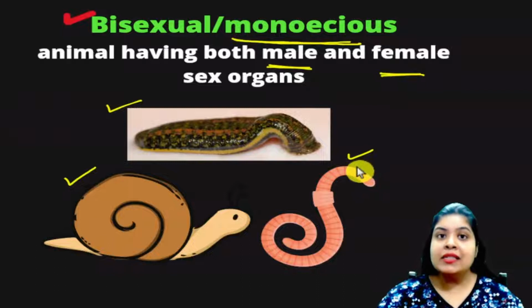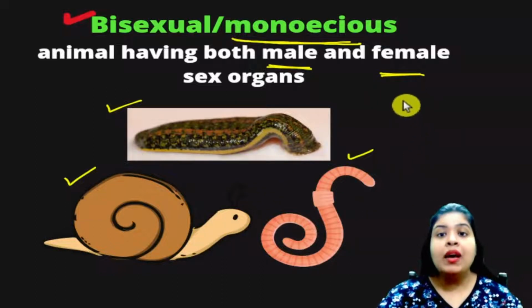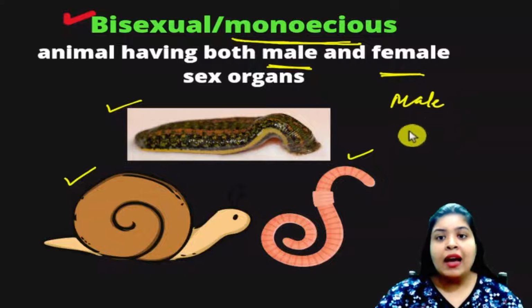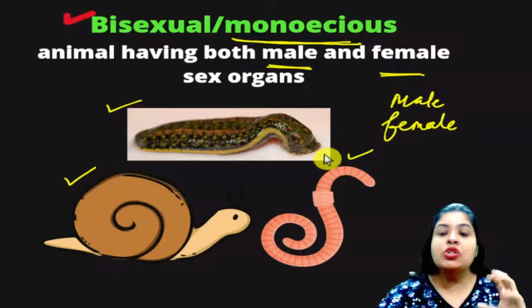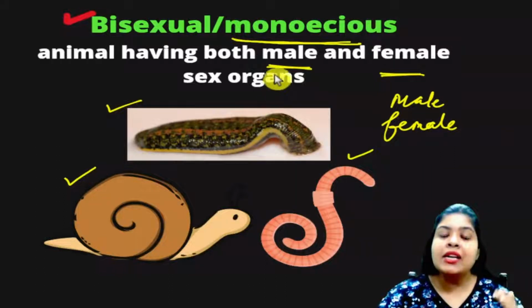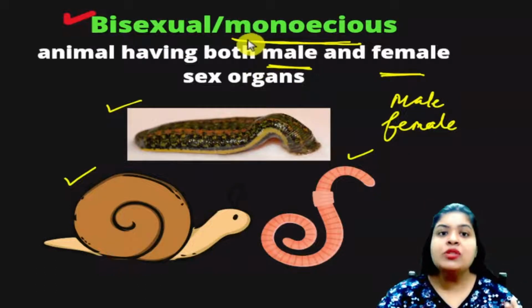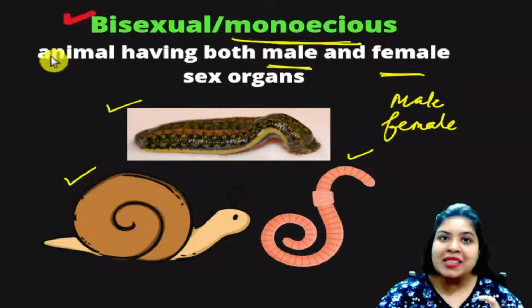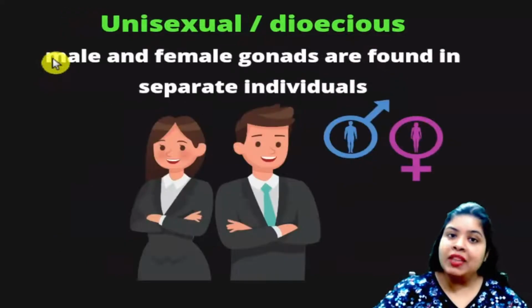So in these organisms, a single organism is going to have both male and female सेक्स ऑर्गन्स, एक ही ऑर्गेनिज्म में दोनों मेल एंड फीमेल सेक्स ऑर्गन्स प्रेजेंट हैं. Such organisms are what you call bisexual organisms या फिर मोनोएशियस ऑर्गेनिजम्स. So the single organism is involved in the sexual reproduction. Fine. And what if two of them are present?